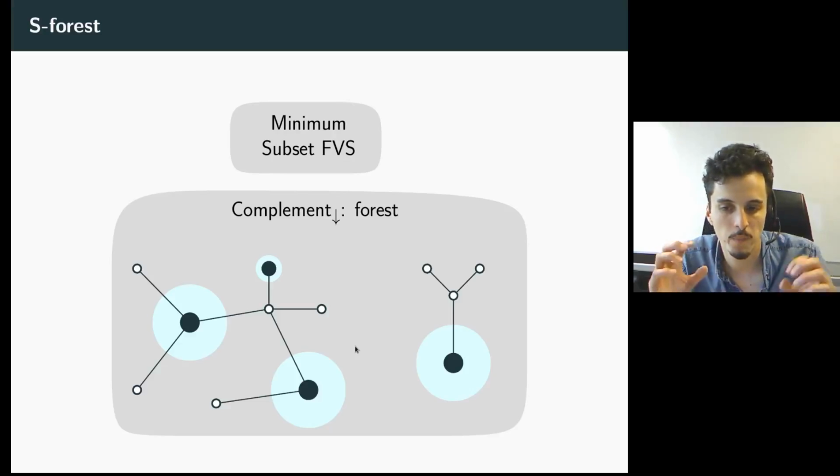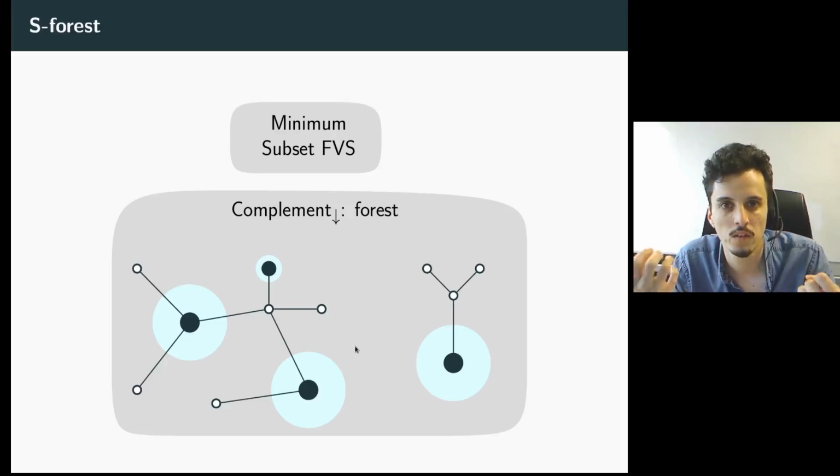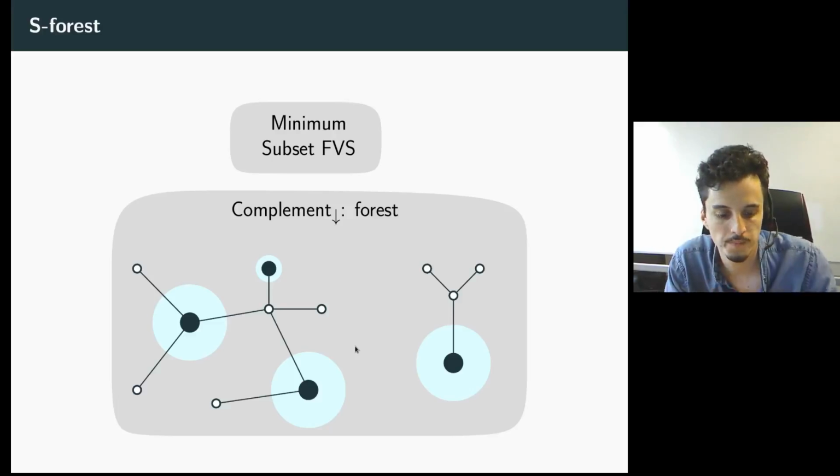And this relation between forests and S-forests is very useful in our algorithm because it allows us to use the ideas for Fibonacci vertex set to solve subset Fibonacci vertex set.